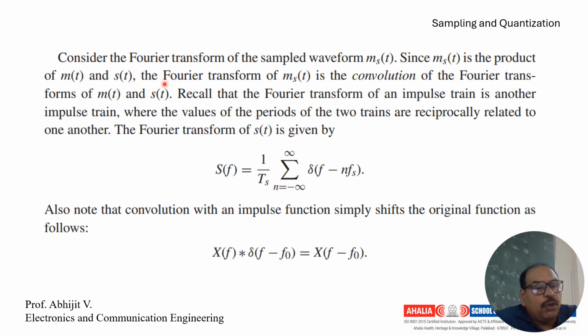Since ms of t is the product of m of t and s of t, the Fourier transform of ms of t is the convolution of the Fourier transforms of m of t and s of t. Whatever we are doing in the time domain, we are converting it into the frequency domain.